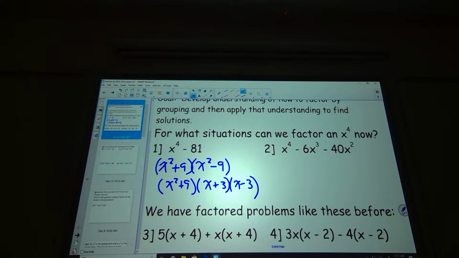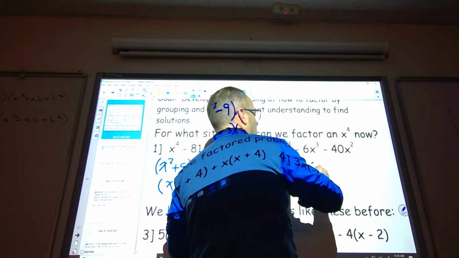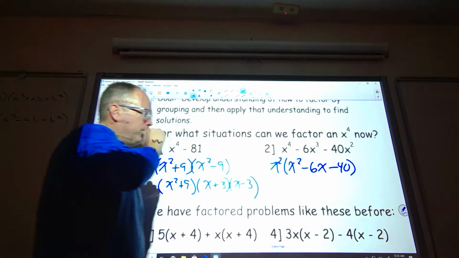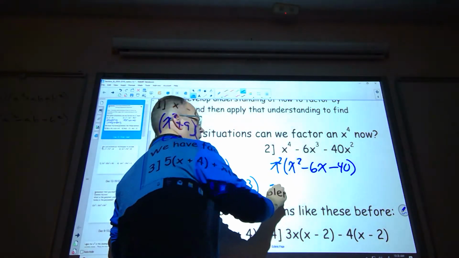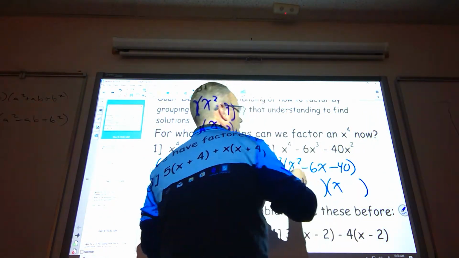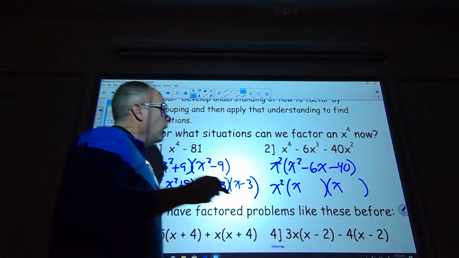Problem number 2. It looks like they all have a greatest common factor of x squared. So let's factor that out first. Agree? X squared comes along for the ride, and then I get x and x. I'm thinking 10 and 4.